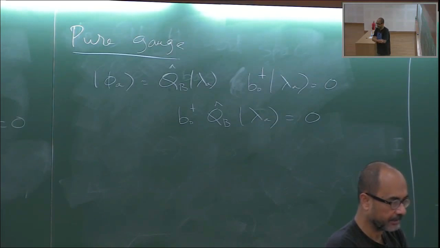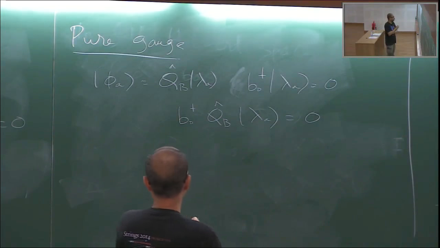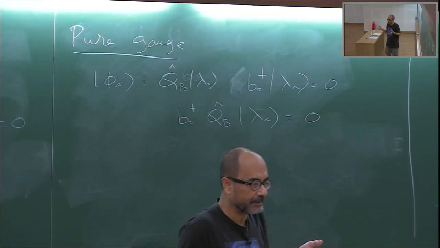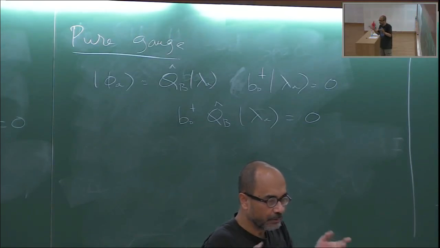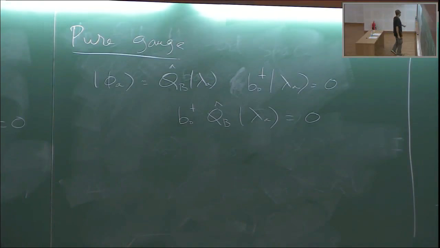So B naught plus phi a equal to 0 is just the condition that it's a Siegel gauge propagator, because that's the gauge condition you have chosen. Any state that propagates must satisfy B naught plus phi a equal to 0. The second condition, B naught plus QB hat equal to 0, is really L hat naught plus. It's basically the condition that this corresponds to the poles.